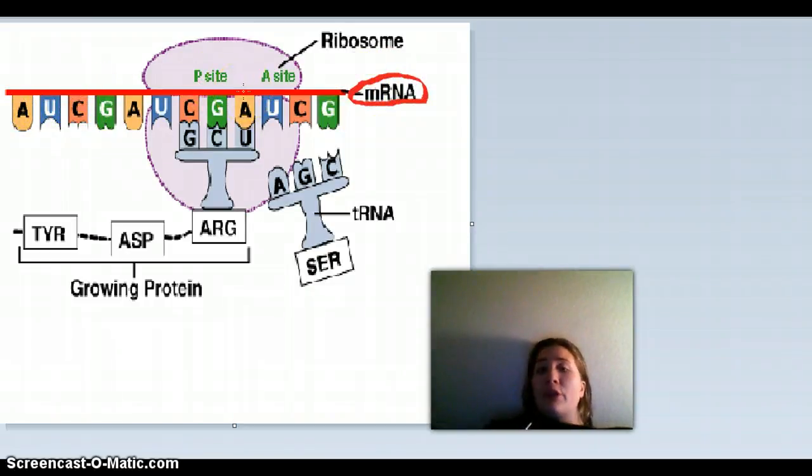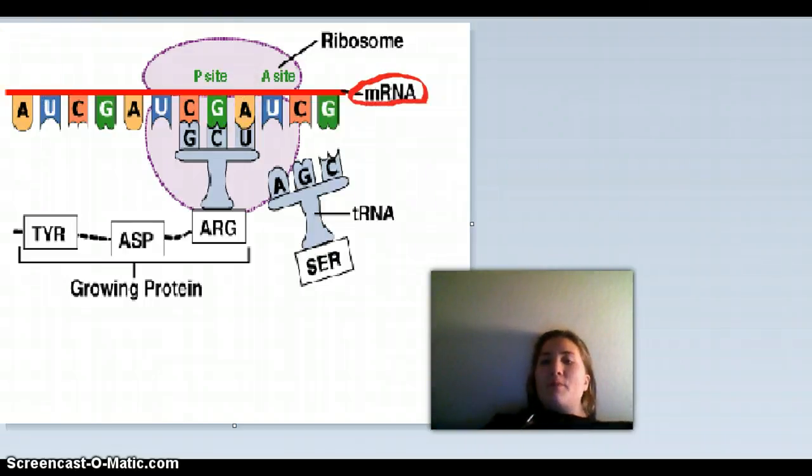There's a free-floating ribosome, where everything that goes through it stays in that cell and is used in that cell. And then there's a rough ER ribosome. The ribosome is attached to the rough ER, and those ribosomes transport mRNA out of the cell to be used somewhere else in the body.